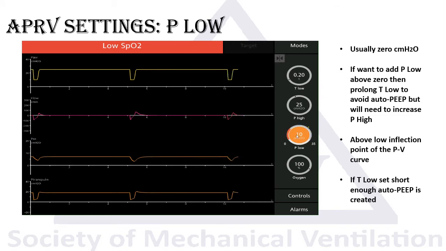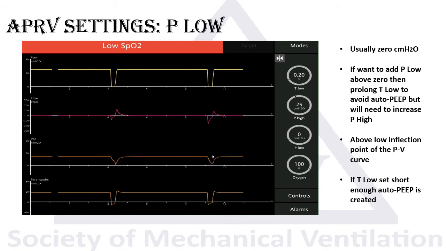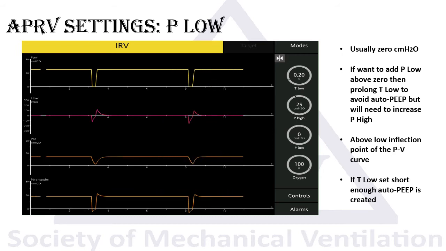So it makes logical sense to put the P low at 0 and try to depend on the auto PEEP. The question becomes how much auto PEEP we are creating, and we'll talk about this in the next slide.